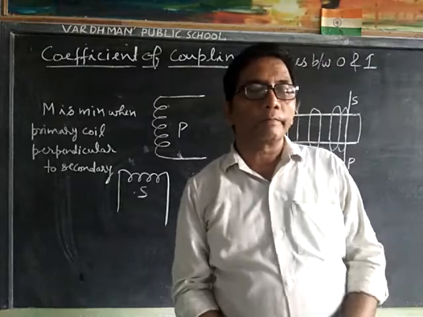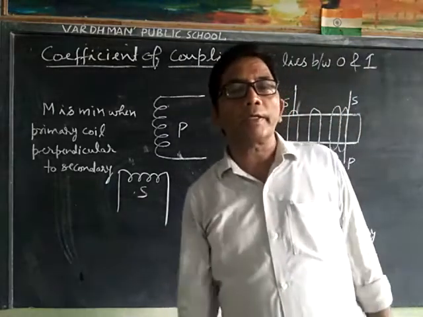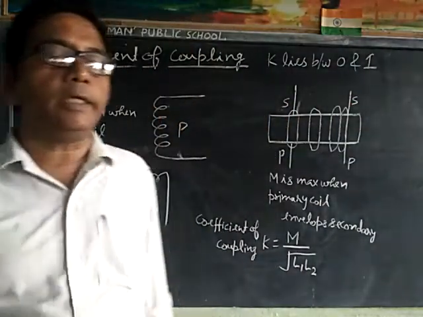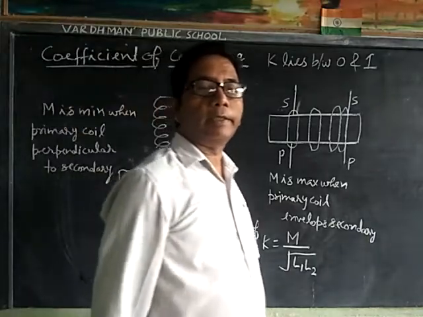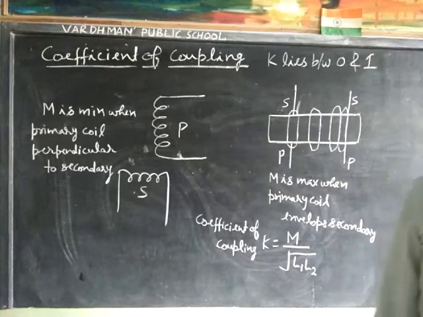When coupling is perfect, that is, the entire flux of the primary is linked with the secondary, M is maximum and K is equal to 1.